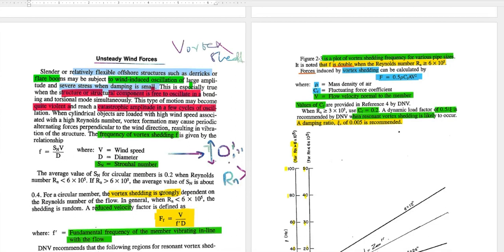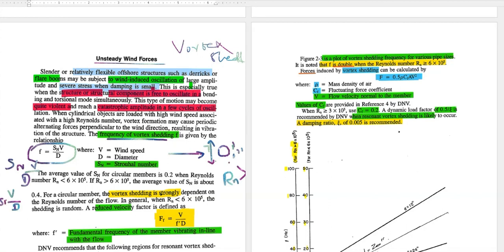This results in a vibration of the structure. The frequency of vortex shedding is given by the Strouhal number SN times velocity divided by diameter.